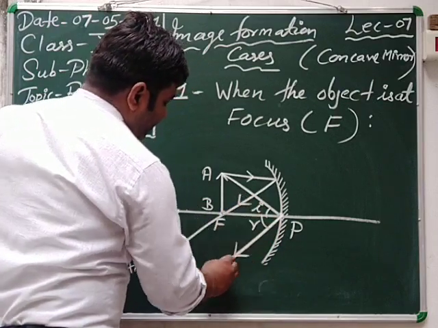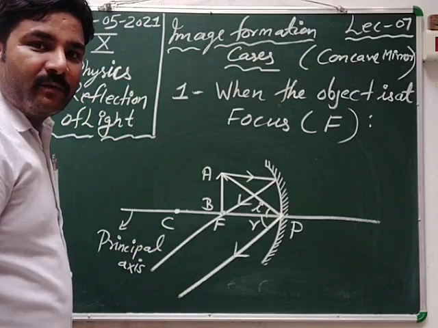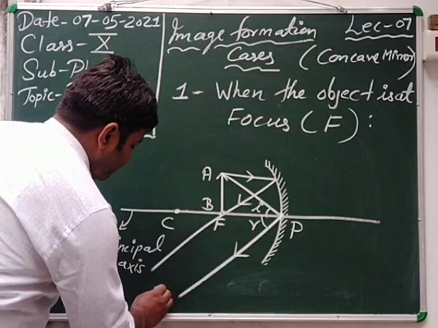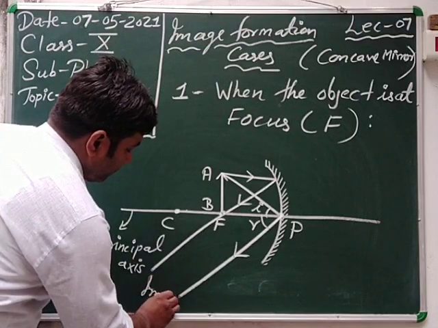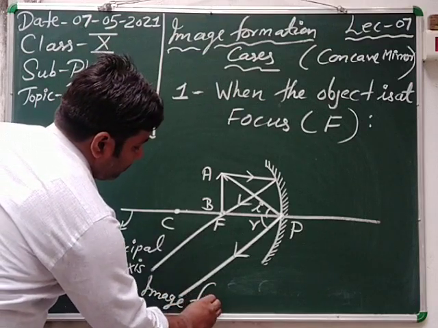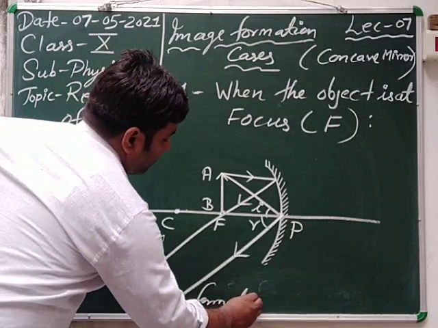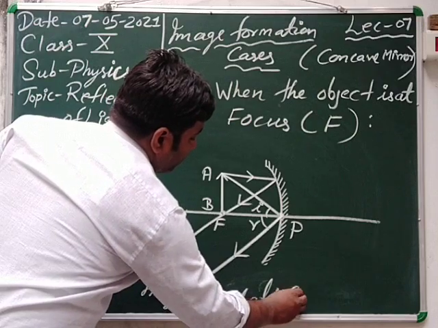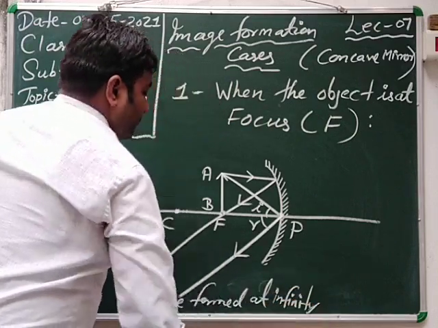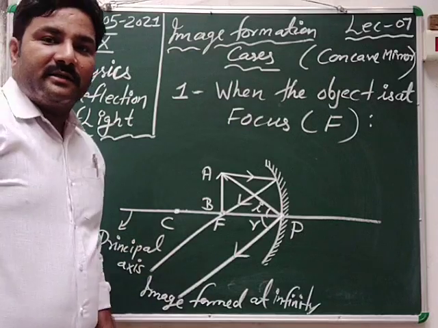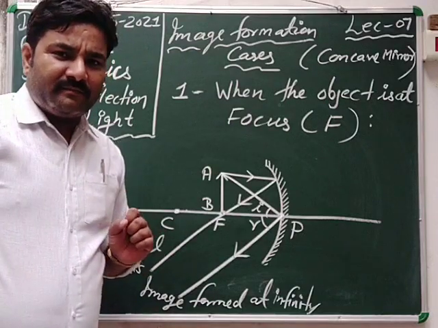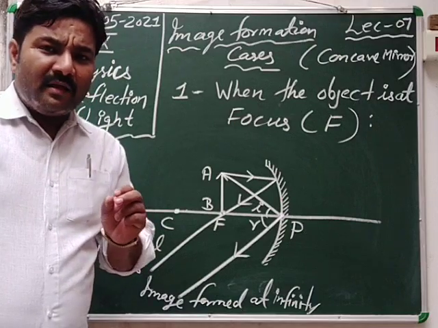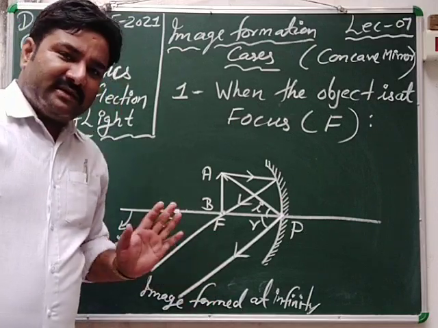And here these two rays, where do they meet? They meet at infinity. Image formed at infinity. Whenever the ray diagram is clear, then all the concepts about the situations or conditions of the image will be clear.